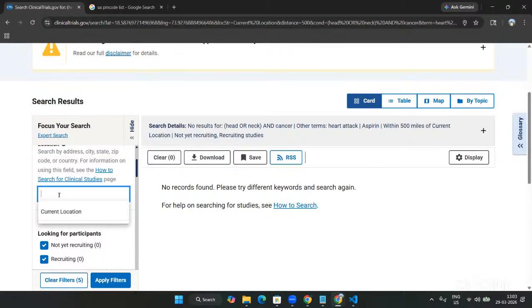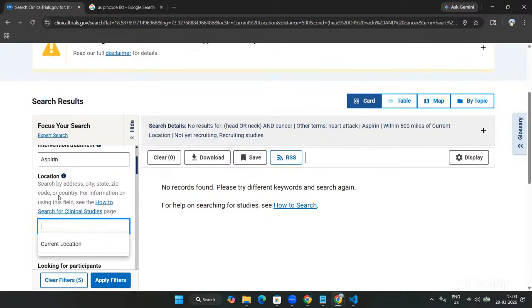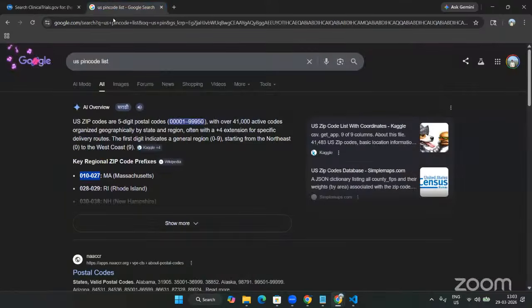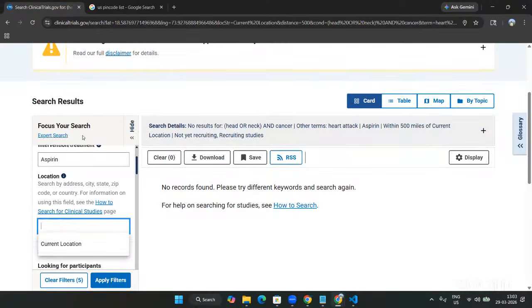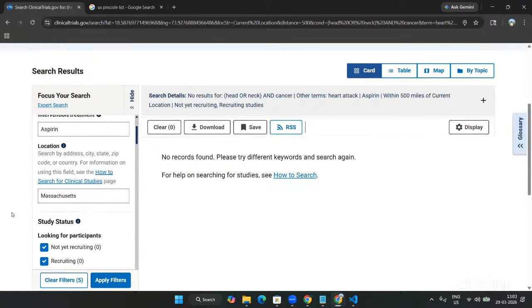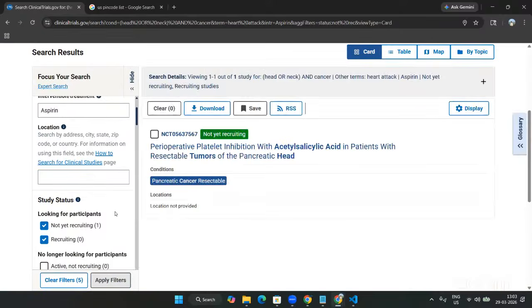It says our country. Zip code, state, it's not taking. Okay, I've just entered it. Apply filters.